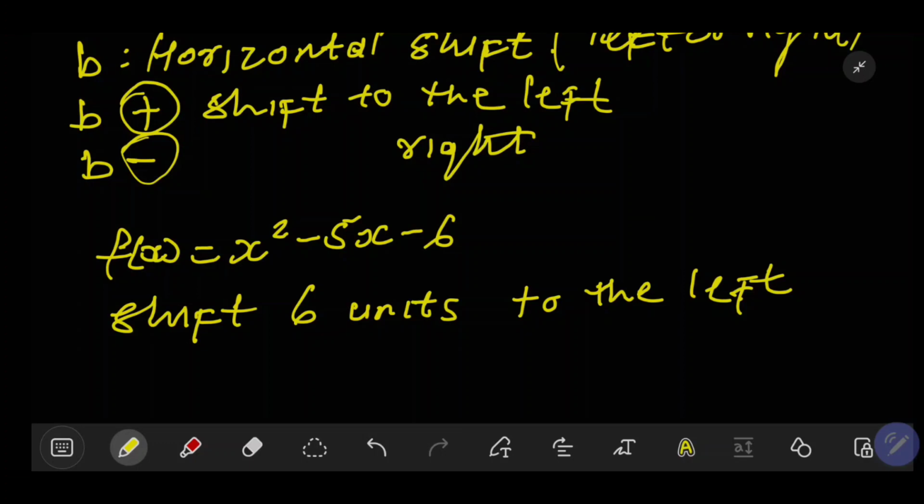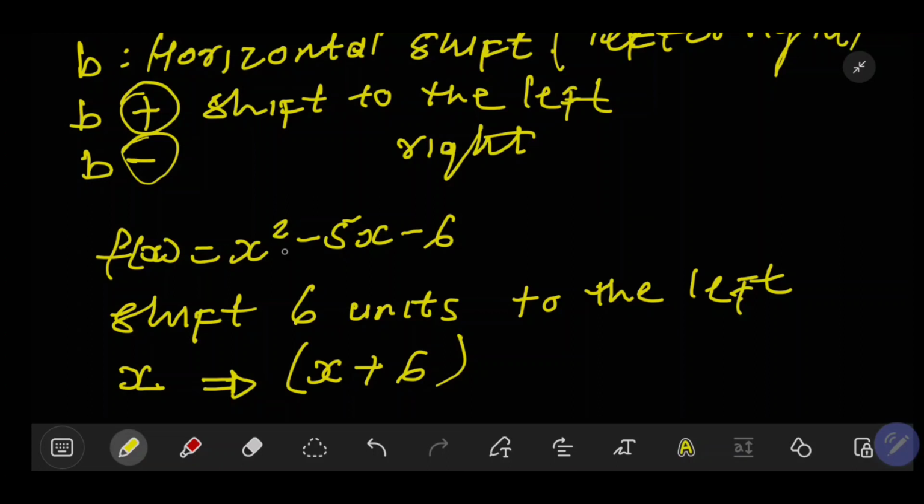When they say shift the graph 6 units to the left, we know that when it shifts to the left, it's positive. So we're going to replace x with x plus 6. In this way, we are shifting the graph 6 units to the left.